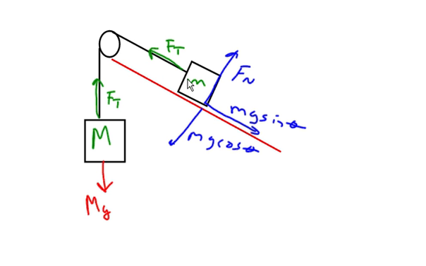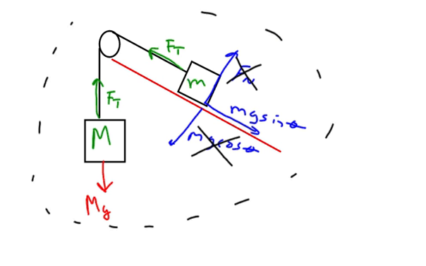So which of these forces are going to cancel out? Well, we know that the normal force and mg cos theta will go away because they cancel each other. If we're looking at the whole system, which I recommend doing, the force of tension goes away. And let's just assume that this system is moving that way.